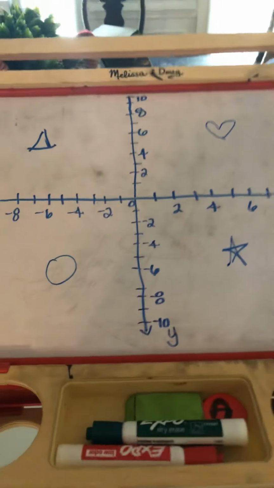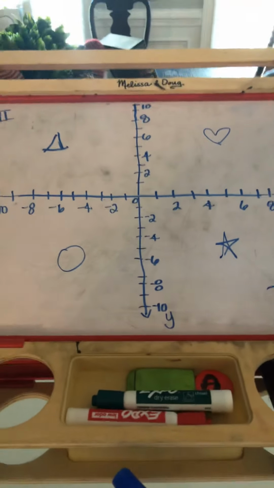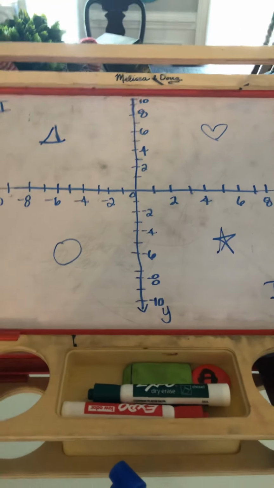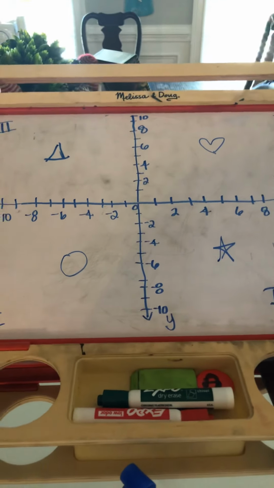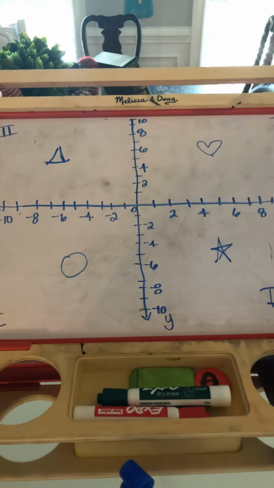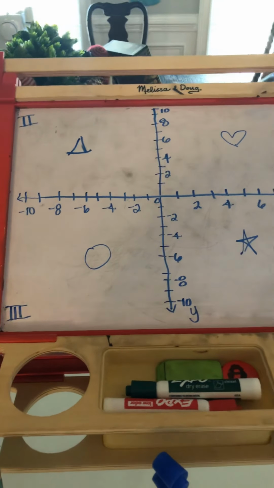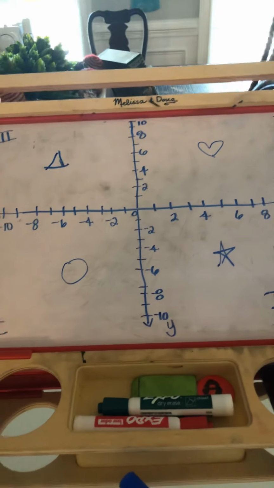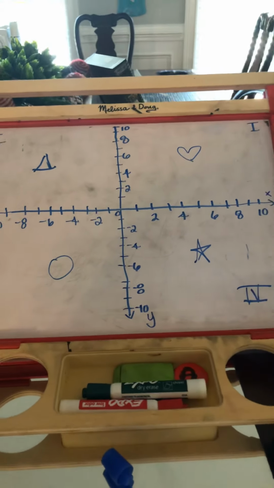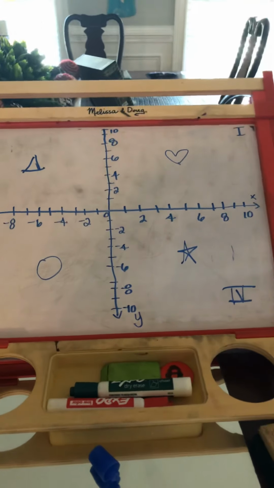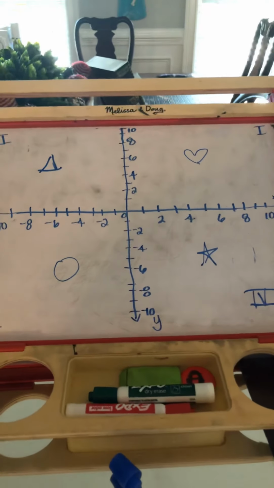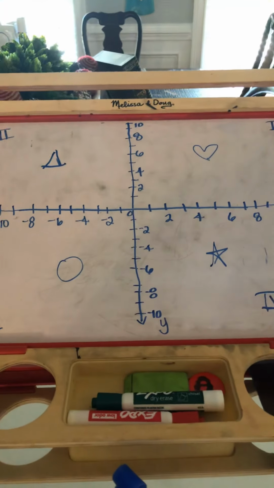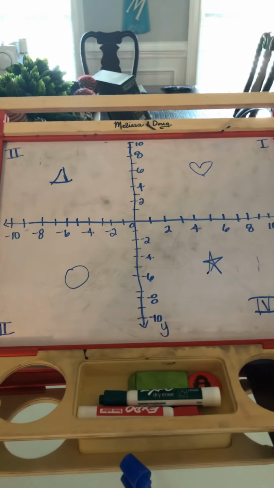So on IXL X3, the skill is going to ask, what quadrant would you find the shape of the circle? And you would just put quadrant 3. Or it might ask you, what shape is in quadrant 1? And you would select the heart. What quadrant is the triangle shape in?